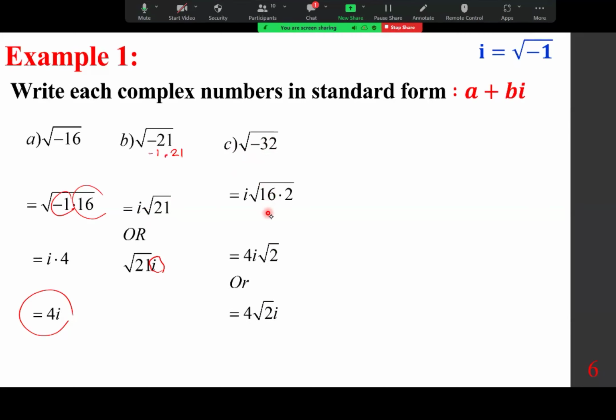So we write it as 4i square root of 2 or 4 square root of 2 i. It's important to recognize this i is outside the square root. That's why sometimes they put it in between to emphasize, be careful, i is not under the radical.